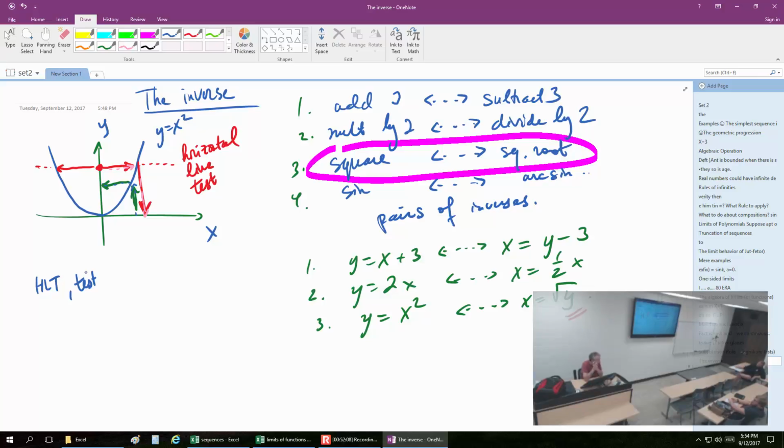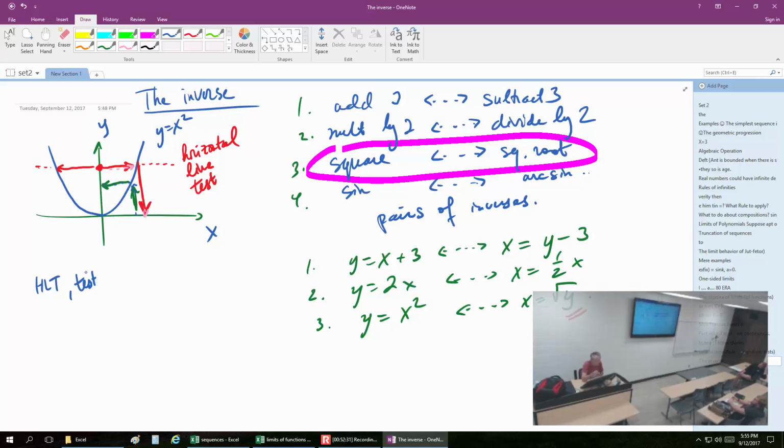Right, so the vertical line has to have at most one intersection with the graph. But if you flip x and y, the vertical becomes horizontal and vice versa. And so the vertical line test becomes the horizontal line test. So in other words, we're testing for the inverse function to be a function.